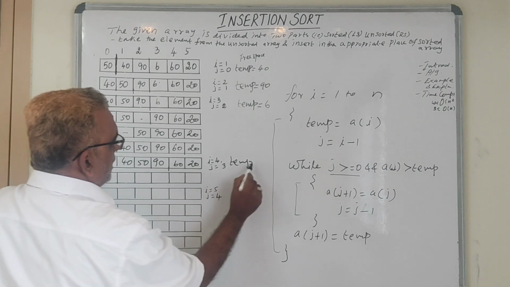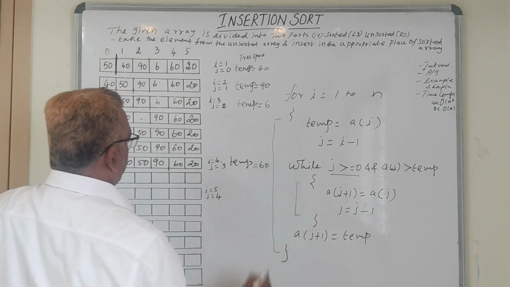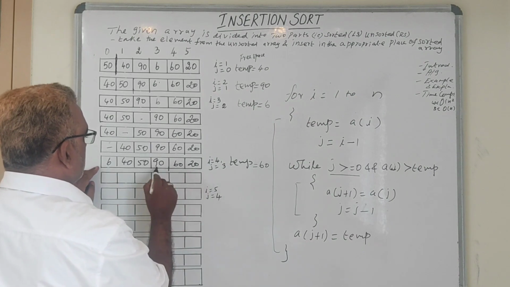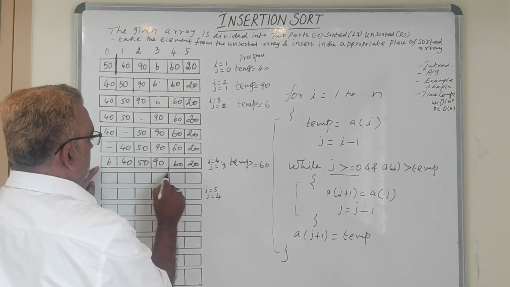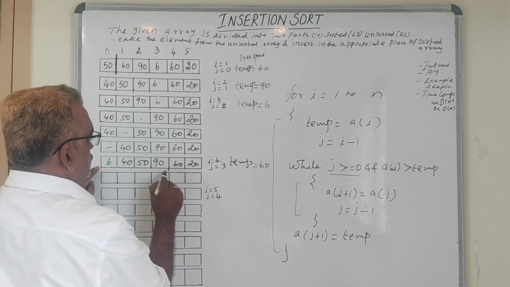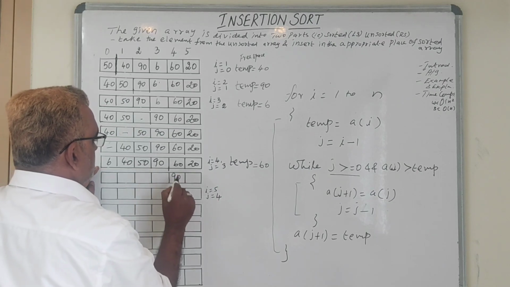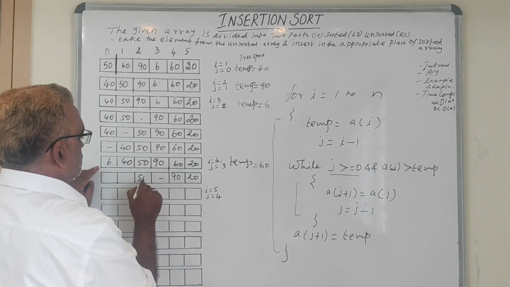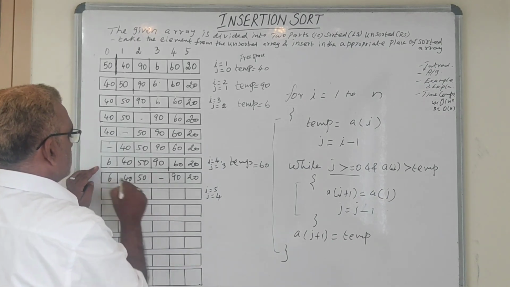The temporary variable contains the value 60. Compare this value 60 with 90. 90 is greater than 60, so we have to shift the value 90. We don't know the value for this position, and the remaining values are the same.